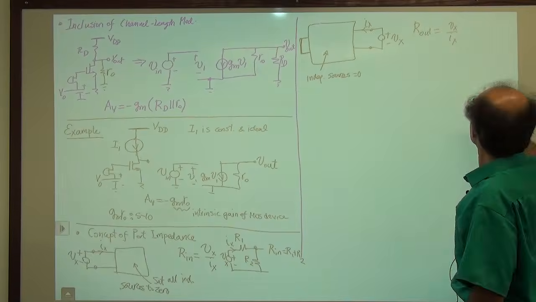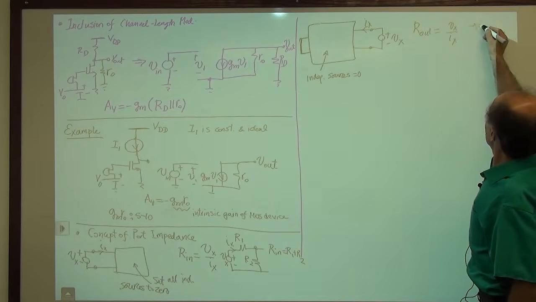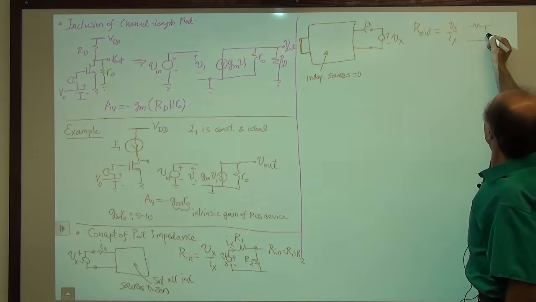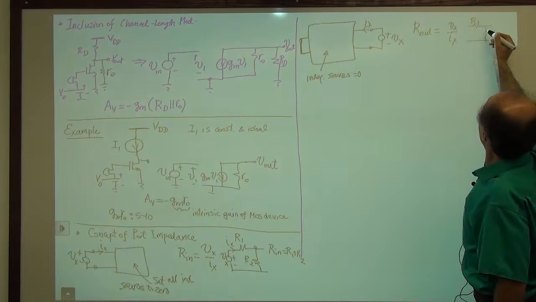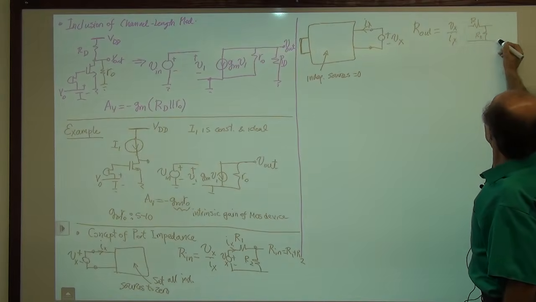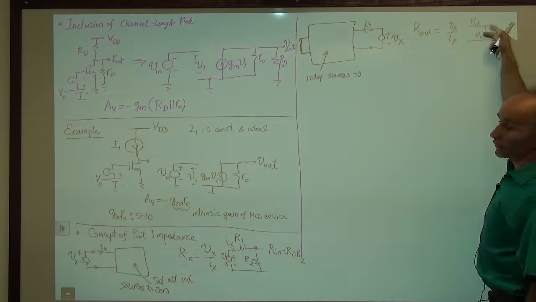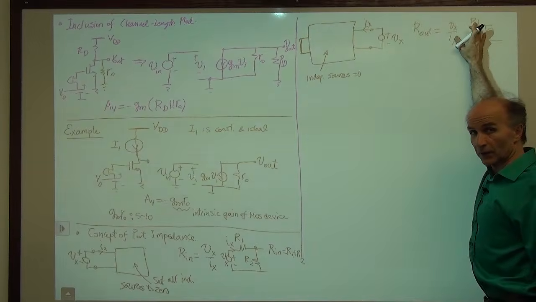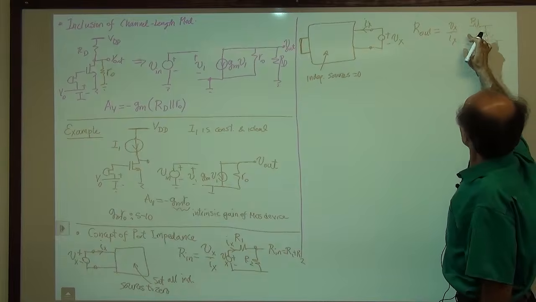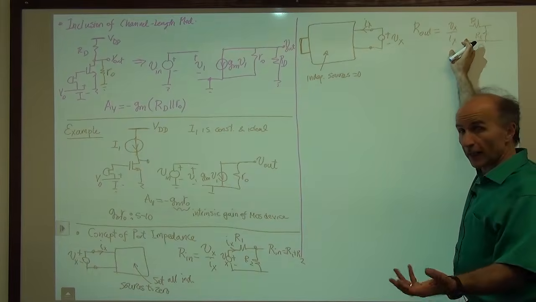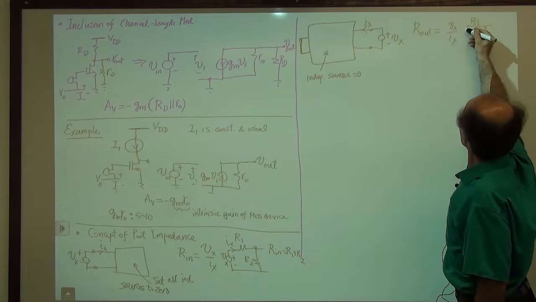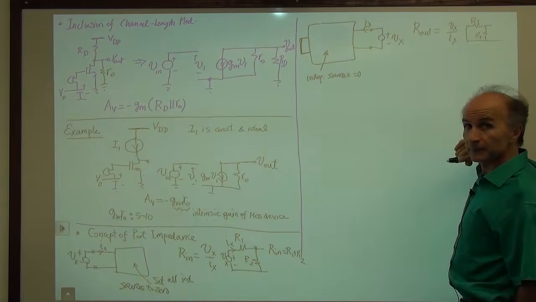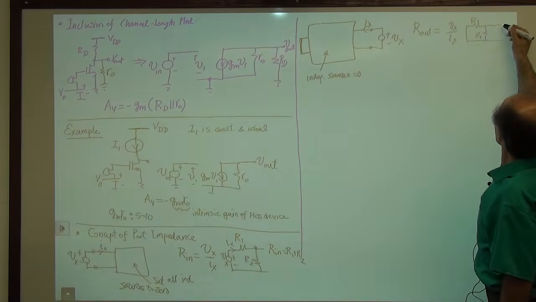As an example, let's go back to that voltage divider, R1 and R2. And I would like to find the output resistance of this circuit. I have to set all independent sources to 0. If the input here is a voltage source, which is usually the case, I have to set that to 0. It becomes a short circuit. And now I come along.